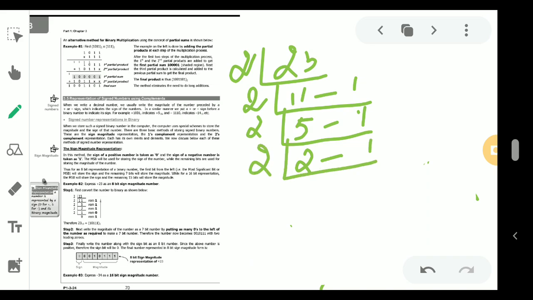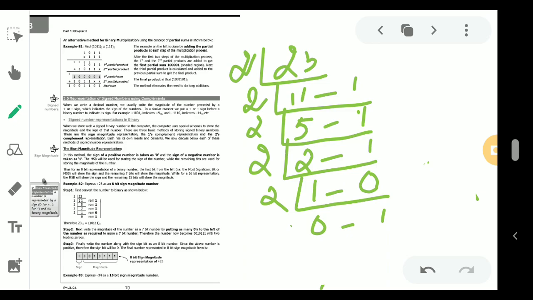Then 2 divided by 2, quotient 1, remainder 0. Then 1 divided by 2, remainder is 1. So the number 23 in binary is represented as 10111. Very good, but there is also the sign bit representation.